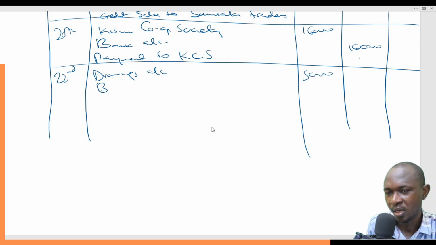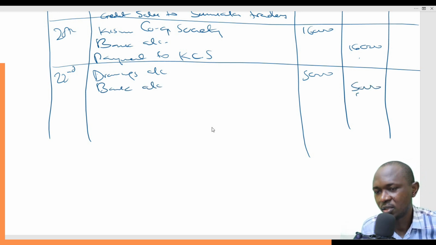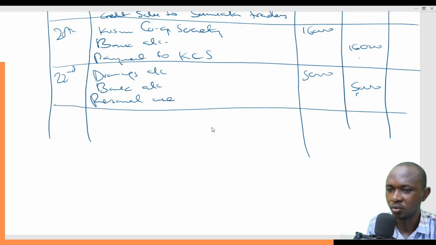So this will say personal use, money withdrawn for personal use. I think that would be better. Money withdrawn for personal use. So we are good to go. Let's move to the next item.